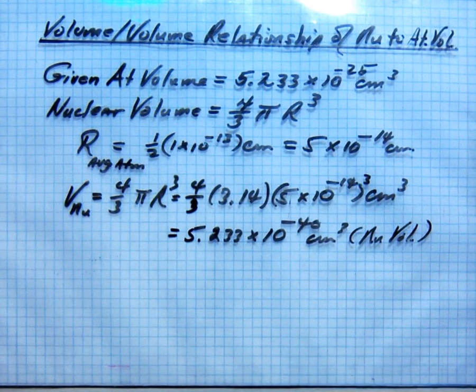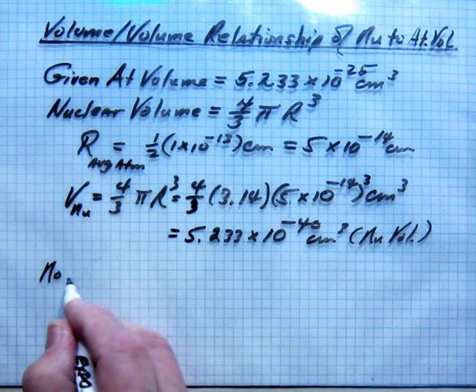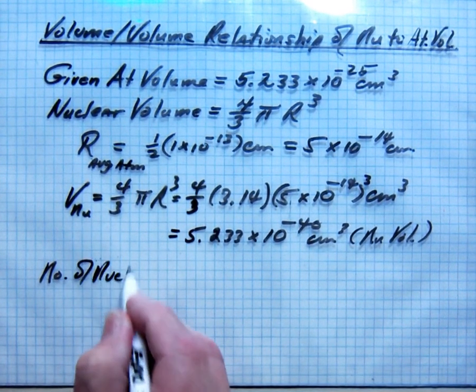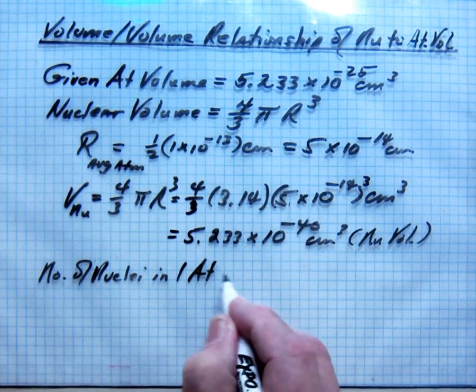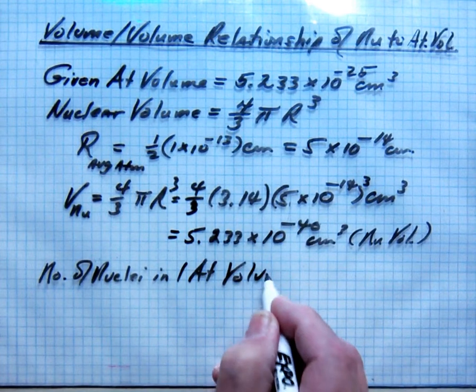There we go. Now, the number of nuclei in one atomic volume is what we're calculating.